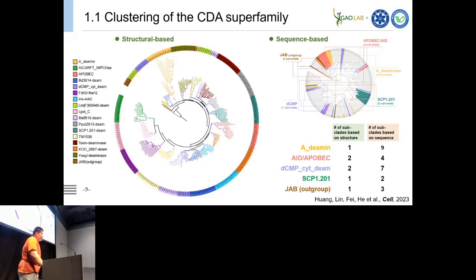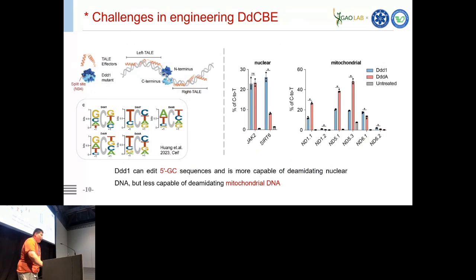Now, with tools like Foldseek, we can build more reliable structure-based trees much more efficiently. From this study, we identified a novel double-stranded DNA deaminase, DddA1. It works better than regular DddA and stays strong even in GC-rich regions, something DddA can't do.